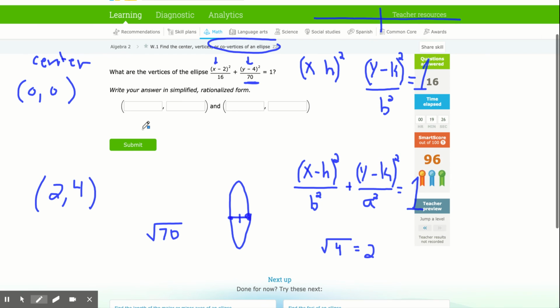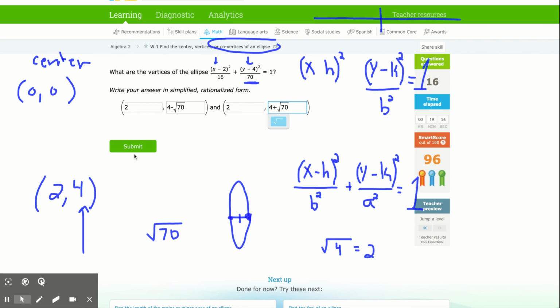So what you would end up doing is if it's above and below this center, your x value is always going to be this 2, and now you're going to be 2, and 4 minus the square root of 70. And then you're going to be 2 and 4 plus the square root of 70, because that is the distance up and down from your vertex.